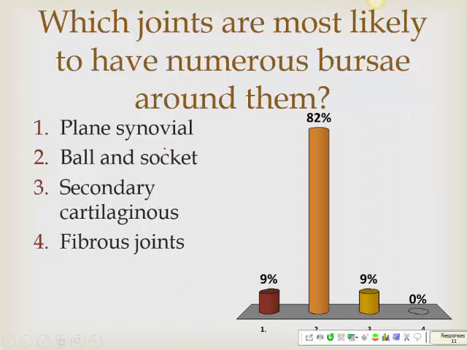Ball and socket, yes. The purpose of bursae is to reduce friction. Where do you expect most friction? Where there is most movement. And ball and socket is where most movement occurs. So you'll see them most around the ball and socket type of joint.